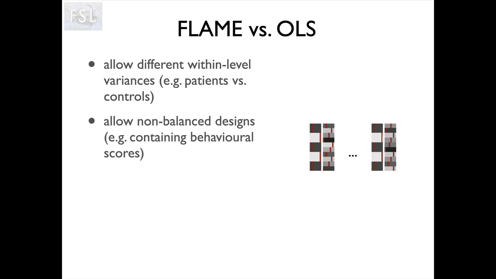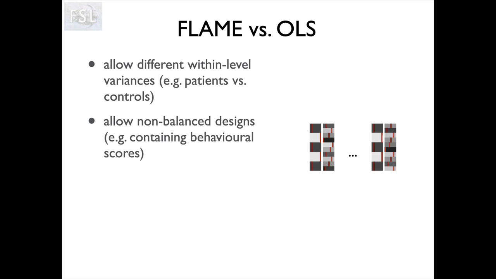We can also have non-balanced designs, and that simply means that the design matrix itself is different in different subjects. OLS has to have the same design matrix, whereas this is very helpful for us in many experiments, such as learning experiments, where it's definitely going to be different in different subjects. They're going to make different errors, and hence what we're going to encode in different columns of the design matrix would be different for different subjects.